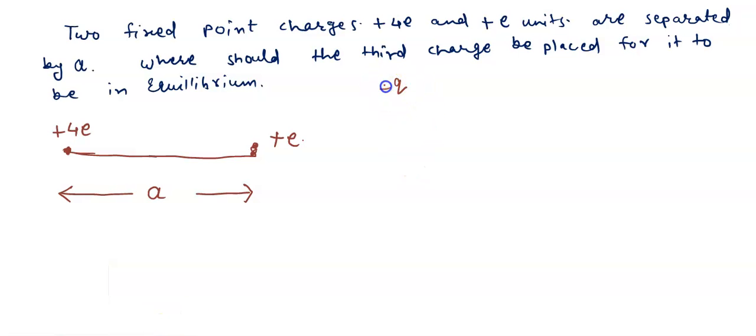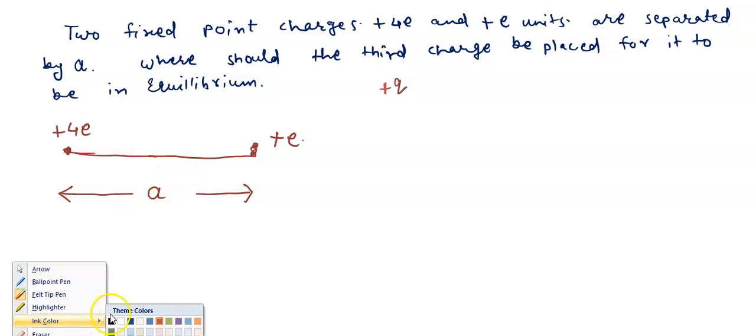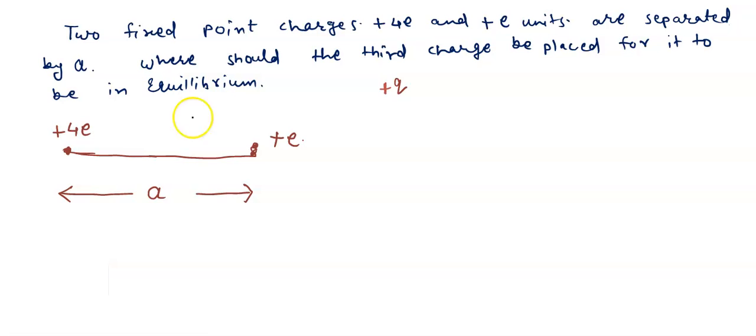If we keep it here in between somewhere, can the equilibrium be established? Yes, it can be, not a problem. Suppose we keep it somewhere here. This charge will be repelling it and this charge will be repelling it. If these forces are equal, then it will be possible.